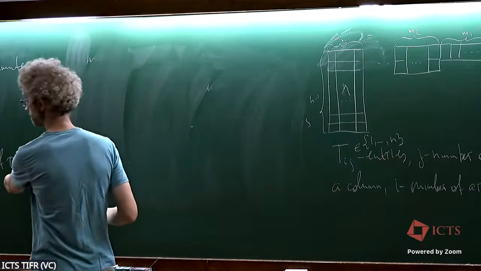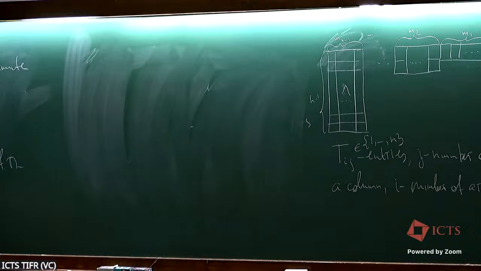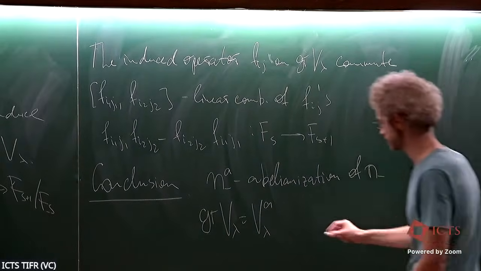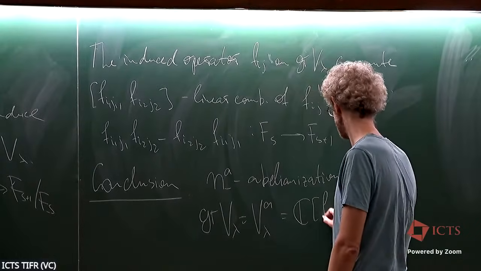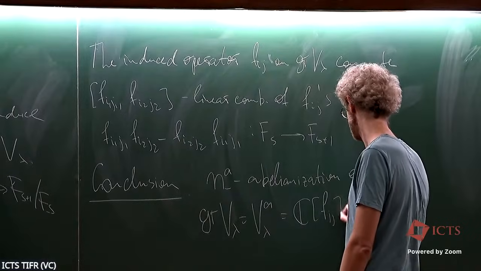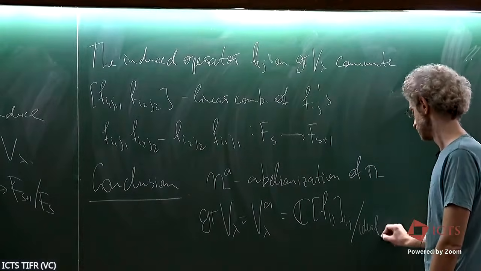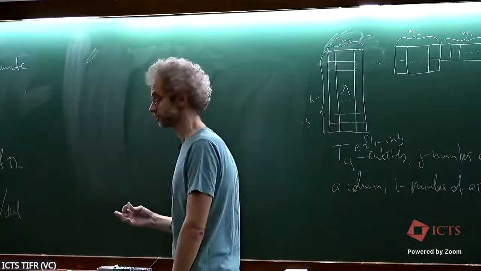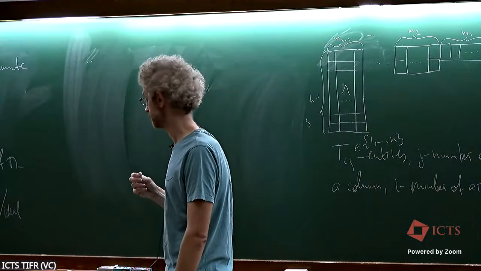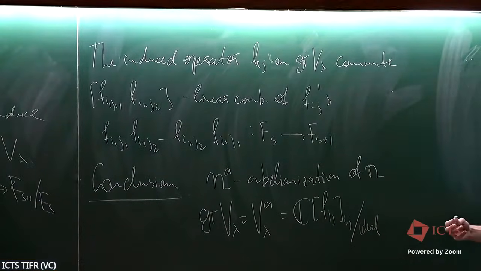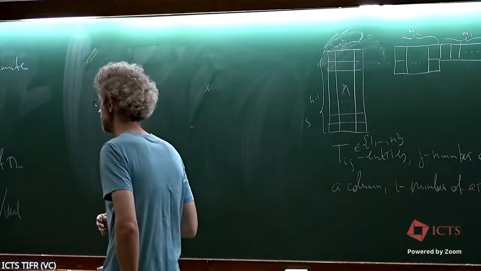And we see that this algebra does act there, and even more, our graded V lambda, which for brevity I will denote by V lambda a, for abelian, is just the polynomial algebra in Fij's, over all ij's, over some ideal. These guys generate the whole space from the highest weight vector. There is some vanishing ideal, but now it's simpler. This is just the polynomial algebra, not the complicated universal enveloping algebra.